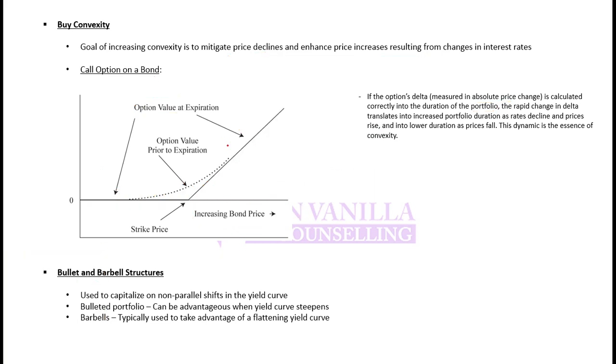So this means that if you have a call option attached, or a callable bond, then in that callable bond your duration will be high if price is increasing, but your duration will be low if price is decreasing. Is it clear? The point is that duration will be high if price is increasing, and low when price is decreasing.